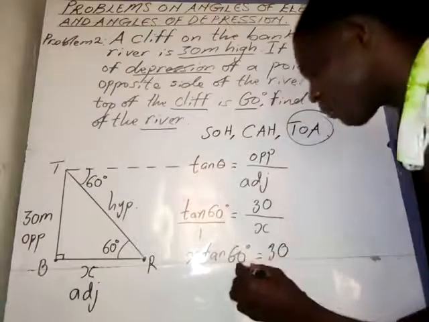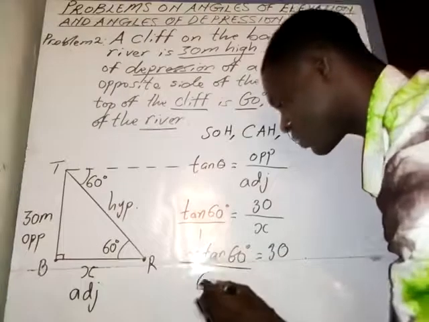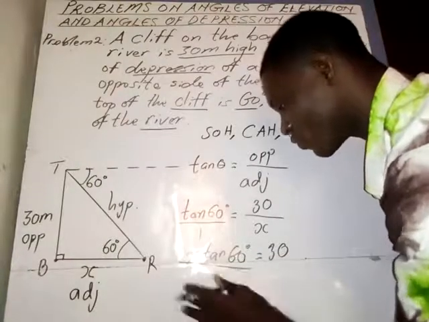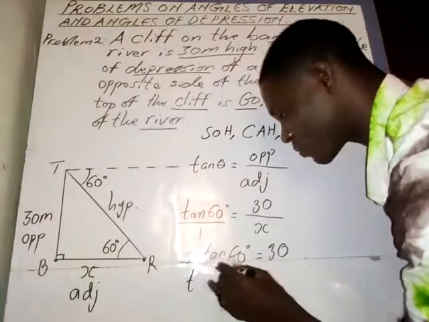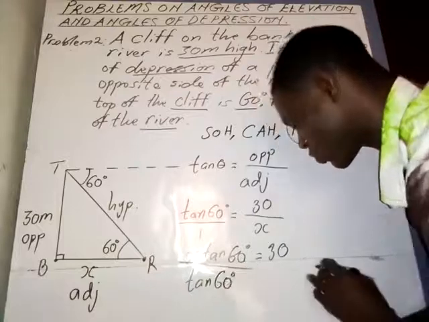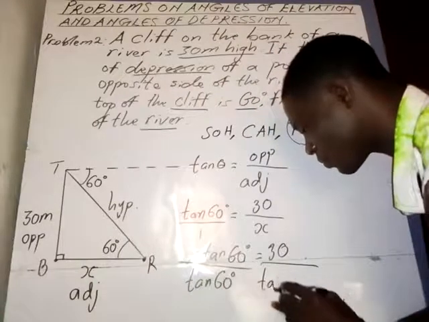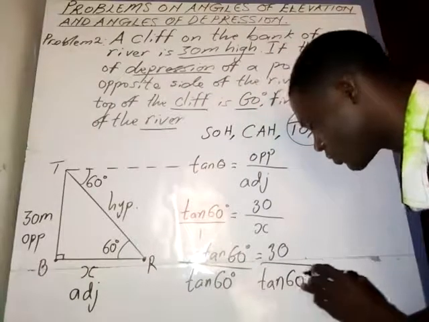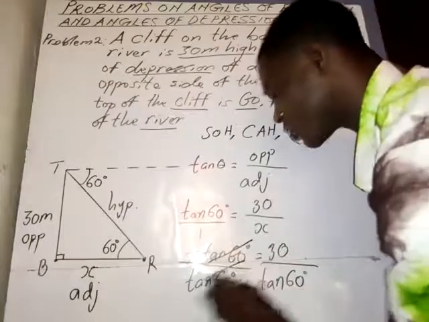Then we are going to divide both sides by tan 60 degrees, so this will cancel this.